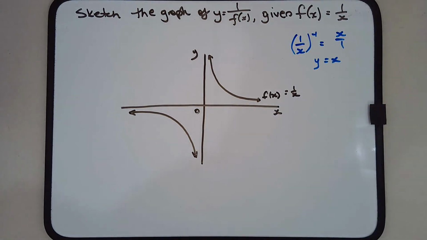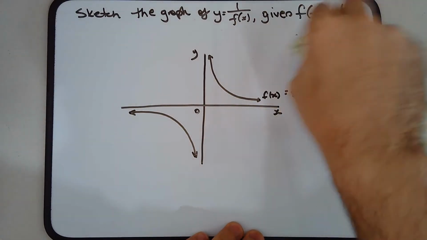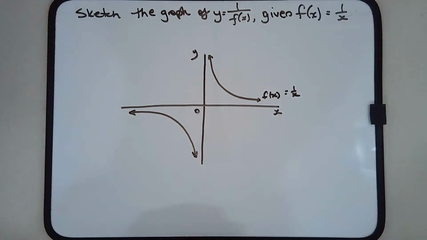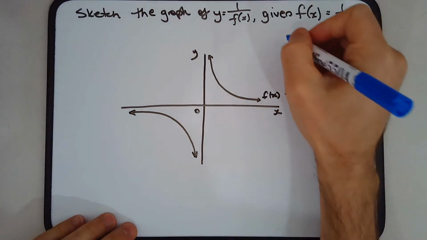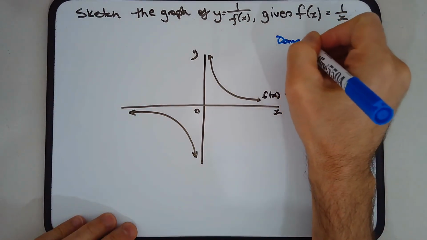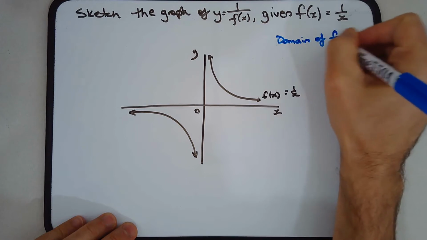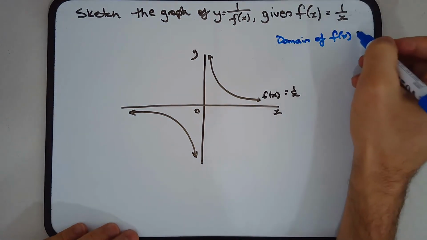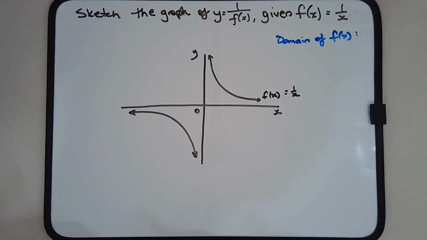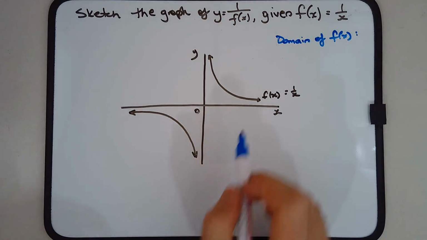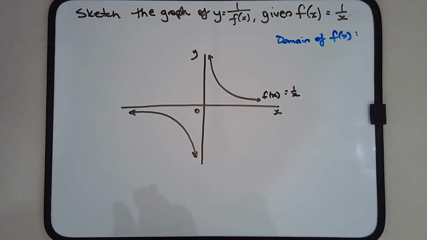Now, the next question I want to pose to you is, what is the domain of the original function? So this is the domain of 1 on x. So I might just write it here. The domain of the function 1 on x, it's all real x, isn't it? Except though, obviously x cannot equal 0. I mean, you can't have 0 in the denominator.